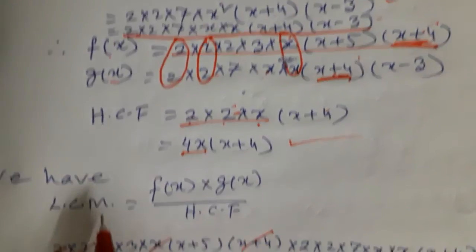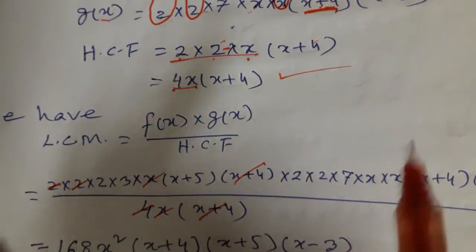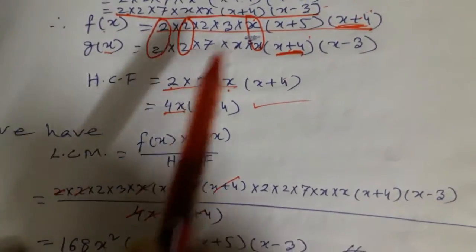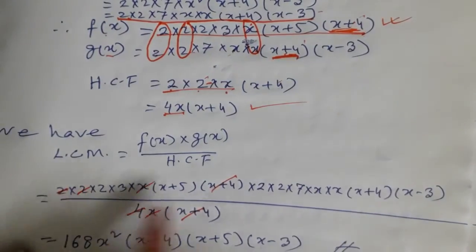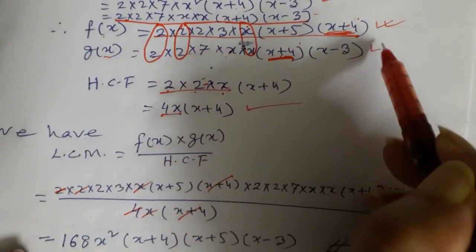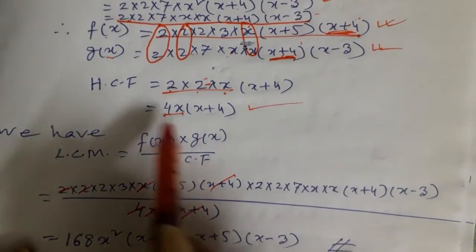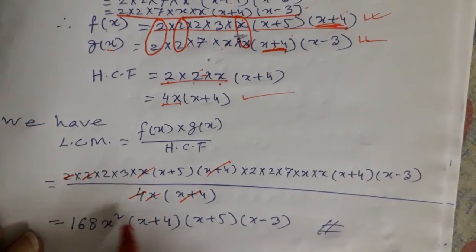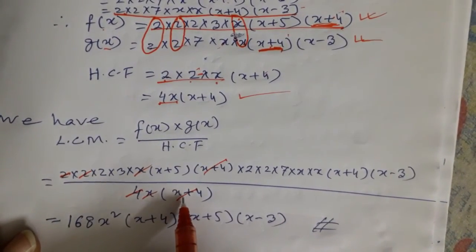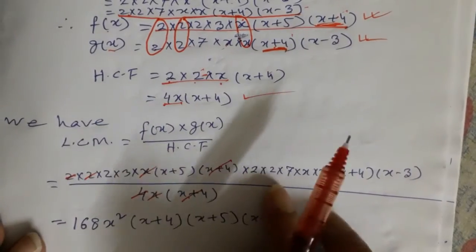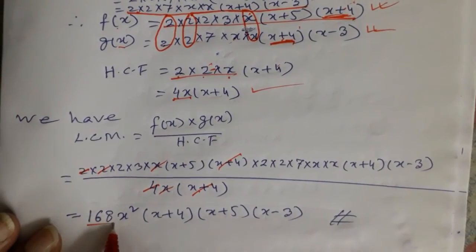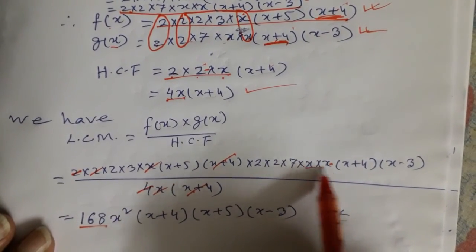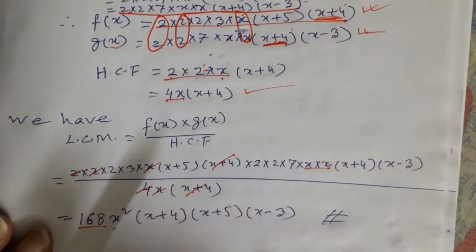And now we know the same formula: LCM equals f(x) into g(x) by HCF. Just put the value from here, f(x) equals here, and g(x) equals from here you put, and the value of HCF you put below and just cut. 2 into 2 is 4, so 4 you cut, x into x cut, x plus 4 cut, and the remaining numbers you multiply, it becomes 168. x and x square, and the remaining terms just put here.